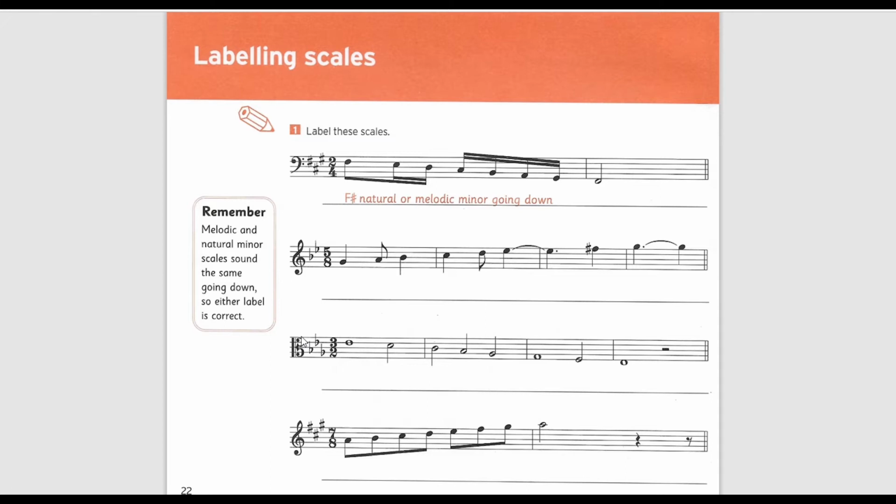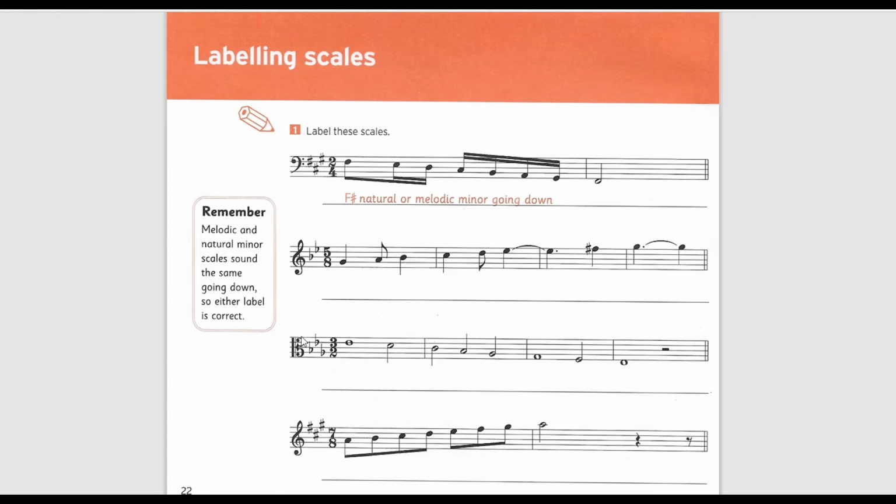Let's start this exercise. This is our treble clef, and there are two flats as a key signature. Two flats, we know, could be either B flat major or G minor.